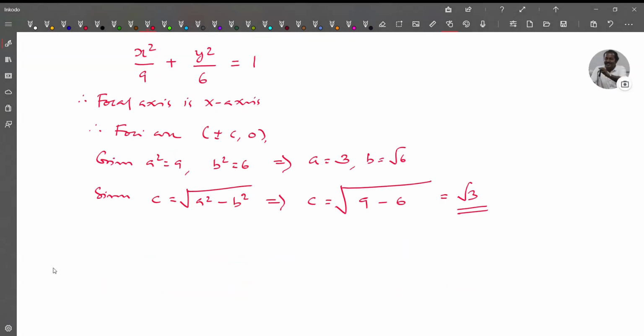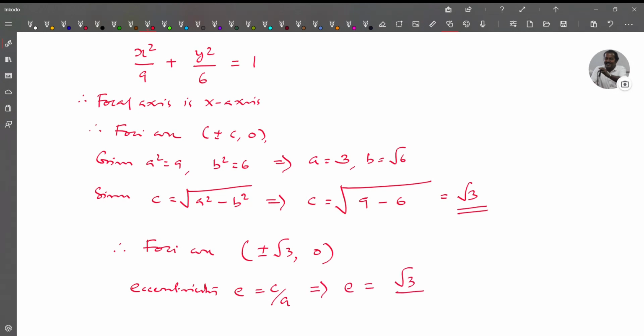Therefore foci are (plus or minus root 3, 0). We have eccentricity is equal to c by a. Therefore this implies e is equal to root 3 divided by a. a is 3. So this is 1 by root 3.